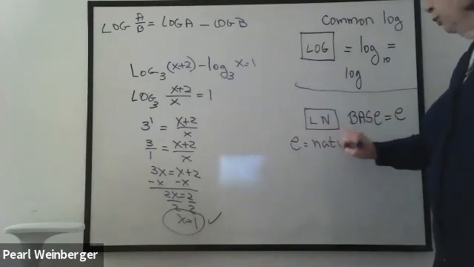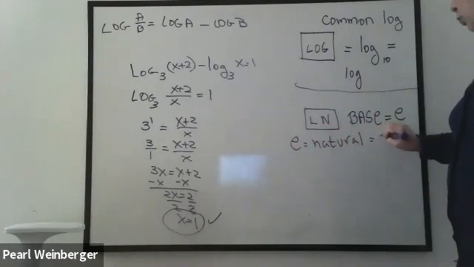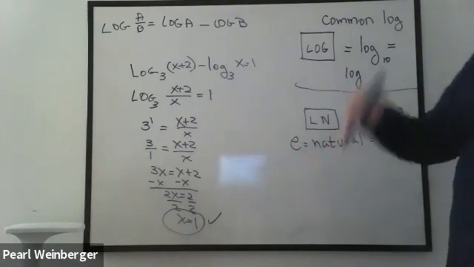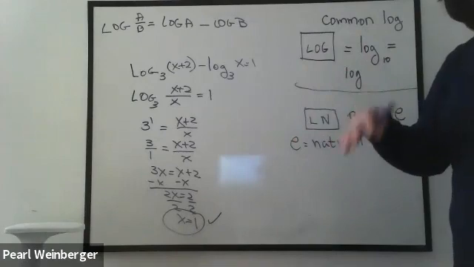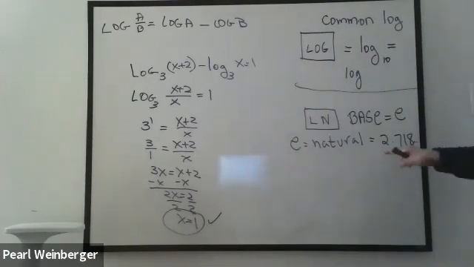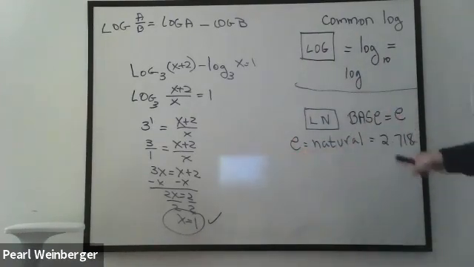I don't know what's natural about it because it's a very strange number. It's equal to 2.718, and it keeps going on and on and on. It's an irrational number, sort of like pi. We use the symbol pi because pi is a non-ending, non-repeating decimal. The same thing is we use the letter E to represent this special number.